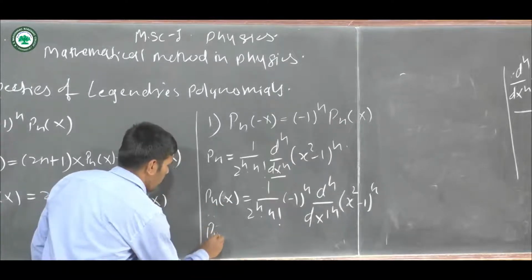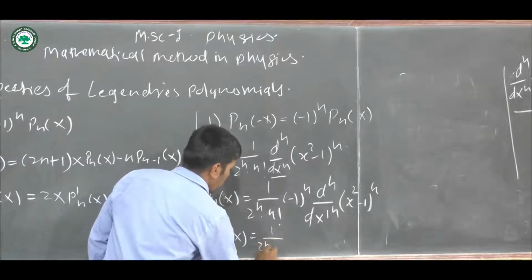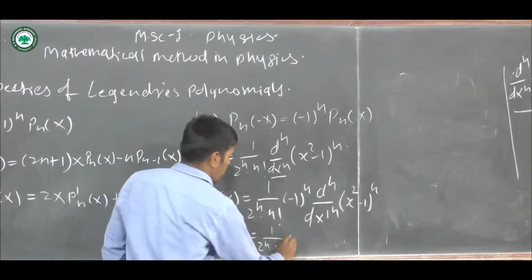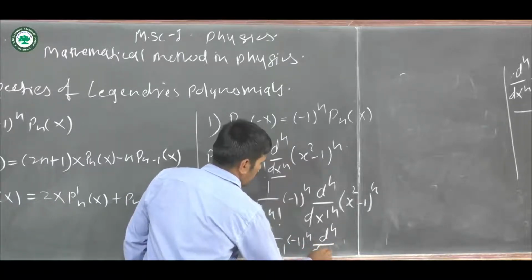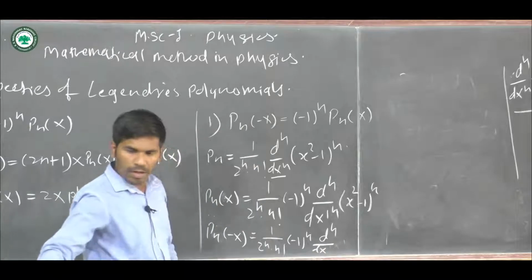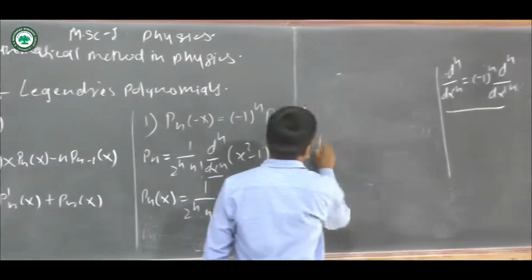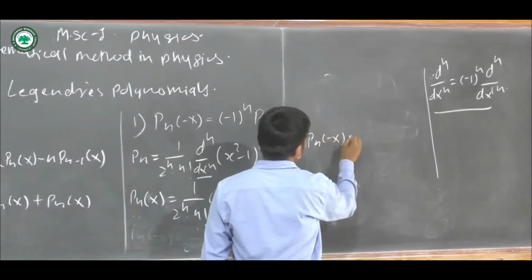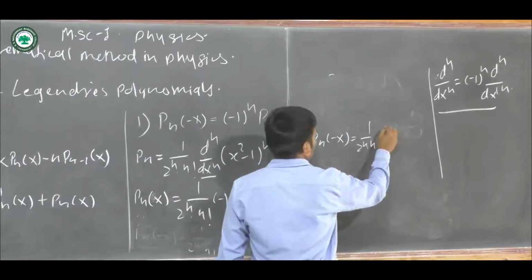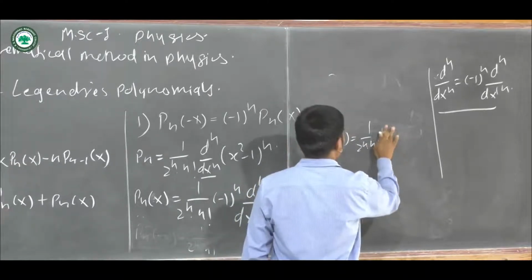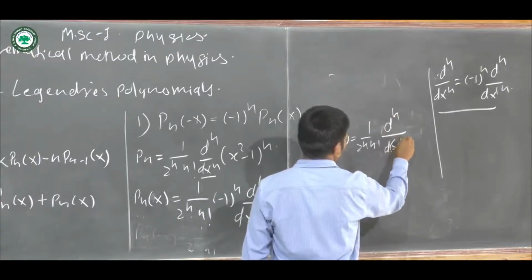Okay, so Pn of minus x is equal to 1 by 2 power n into n factorial into minus 1 power n into d power n by d of minus x prime.